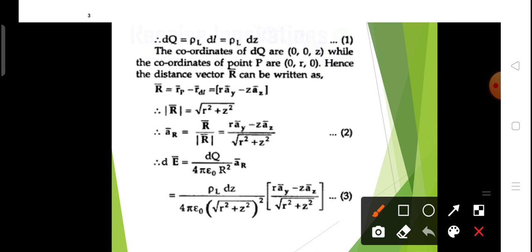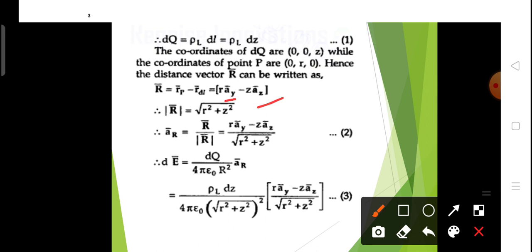Then the distance vector r can be calculated as the point P minus the point Z, nothing but r aY vector minus z aZ vector. Here aY and aZ represent the direction of y axis and z axis.